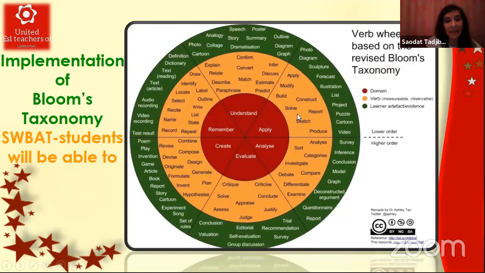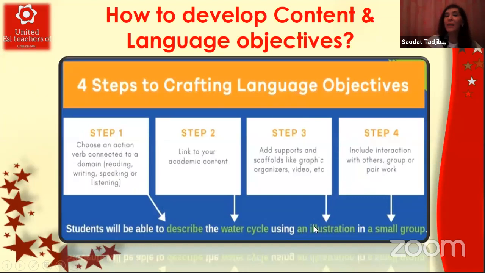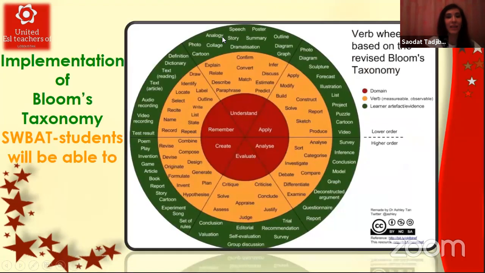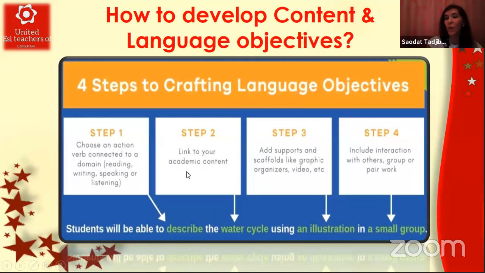And then I am jotting down what kind of activity I'm going to give them to implement this, and I'm choosing it from the green circle here. And the last one, what kind of interaction I'm going to implement here. Now, can anybody design a language objective for globalization? Any volunteers?